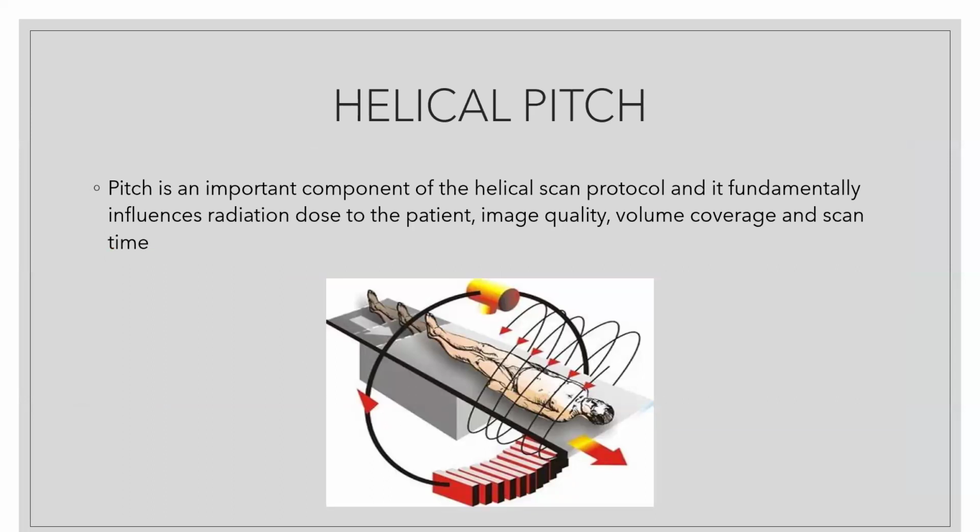One of the main factors in CT, which is very useful, is pitch. What is pitch? Pitch is an important component of a helical scan protocol, and it fundamentally influences the radiation dose to the patient, image quality, volume coverage and scan time.